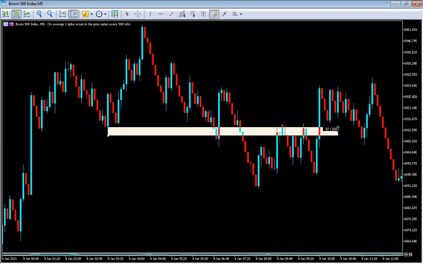As you can see here, this is also supports, market supporting up here and becomes resistance here. So you can spot out your support and resistance from any time frame, depending on the kind of trader that you are and what you're looking for in the markets.